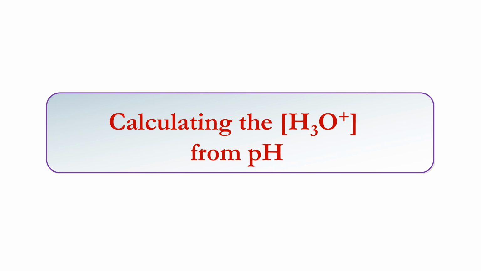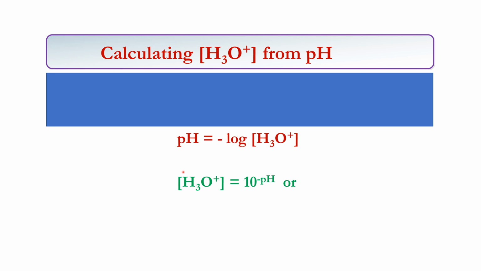Now we learn how to calculate hydronium ion concentration when we are given the pH. The hydronium ion concentration can be calculated using the pH formula by simply making the hydronium ion concentration the subject of this formula. If we do that, we will get that hydronium ion concentration is equal to 10 to the power minus pH.